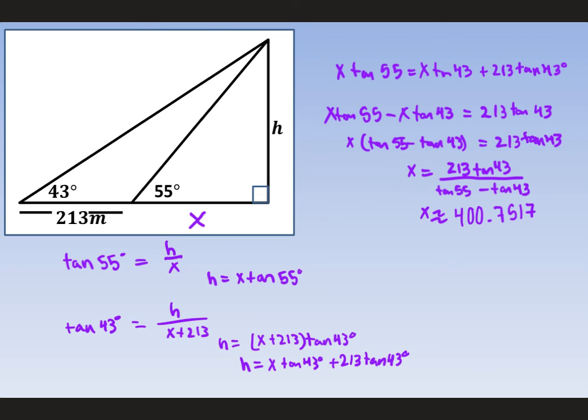And you're like, well, we didn't really want x, we actually wanted h. x was just something we made up to help ourselves. Well, if we go back to our equations over here, we have one where if we take this x value and plug it in, we can pretty easily find h now. So this is kind of just like a normal systems problem at this point. So we'll go h equals 400.7517 times the tangent of 55.